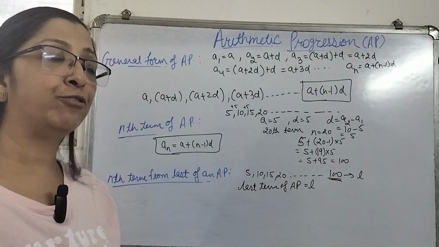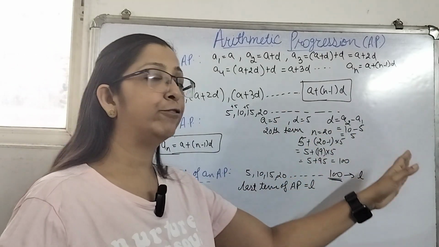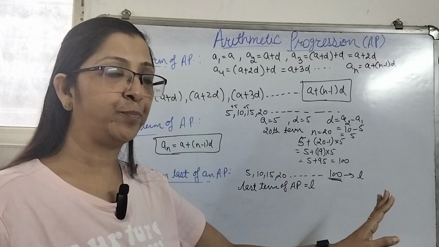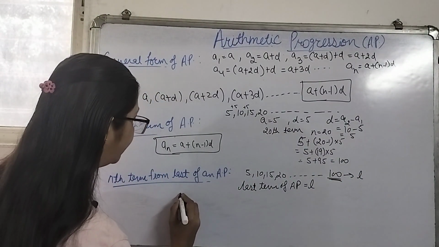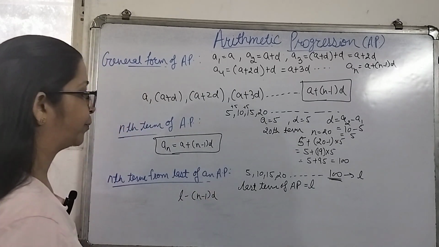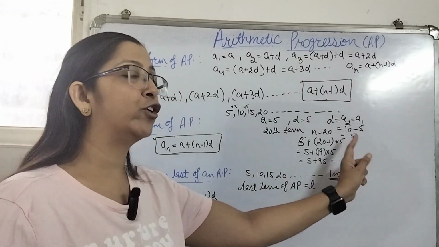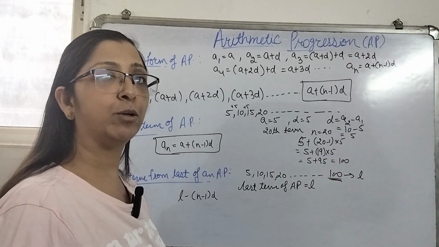And if we have to find, instead of from the starting, suppose we have to find the 5th term or 10th term from the last. From the last we need to find. So for that, the formula will be l minus (n minus 1) into d. Using this formula, we can find the nth term from the last. Now suppose we have to find the 5th term from the last.